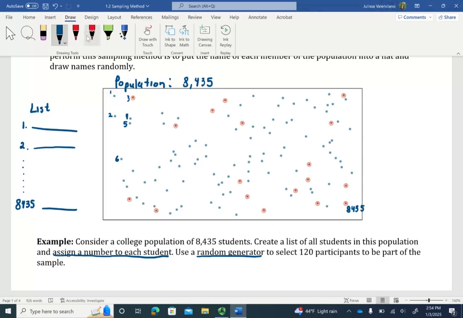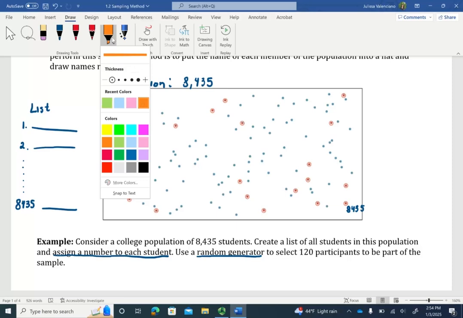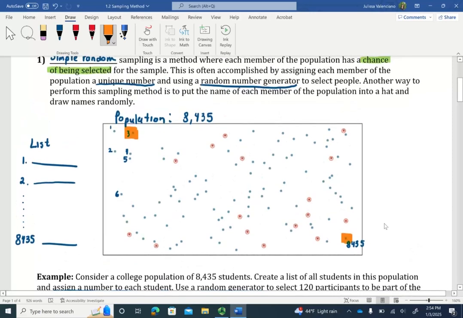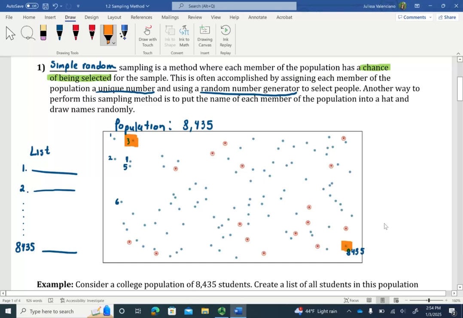And so here on this image, we see the number 3 was selected. Okay. We also see number 8,435 was selected. Okay. And so you would continue to generate numbers until you have 120 participants. So that is how a simple random sample is performed.